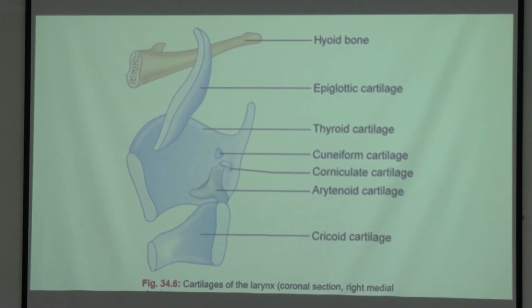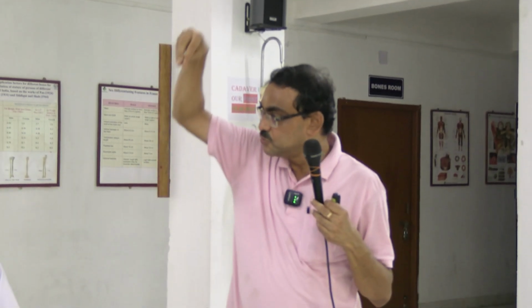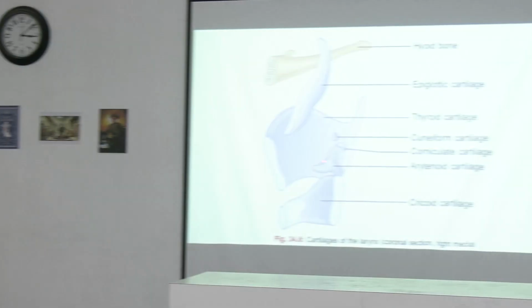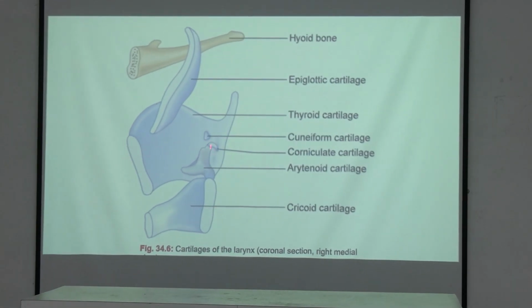a pyramid or a singara. Have you seen a singara? Like a singara, there is a peak on top and two processes. One process you can imagine toward the outer side, that is the muscular process, and one straight, that is the vocal process. So it has got three processes: one is muscular process, one is vocal process, one is apex.